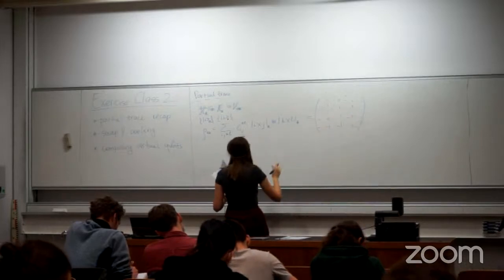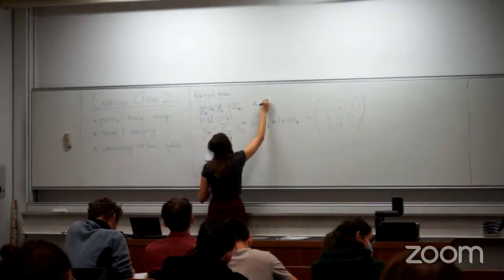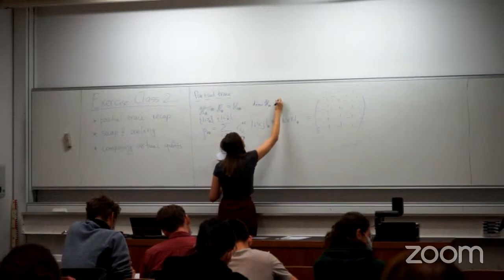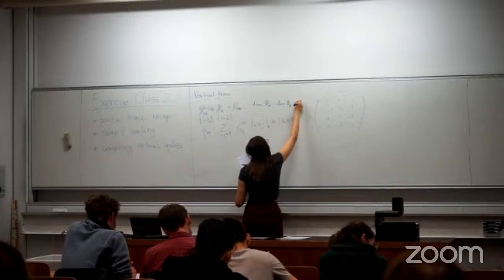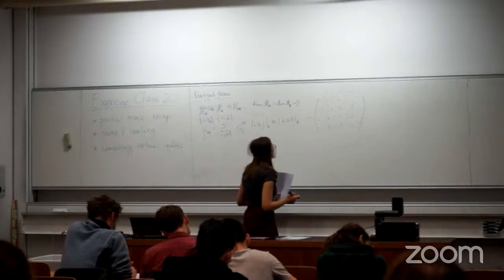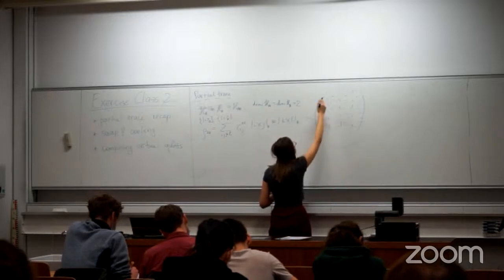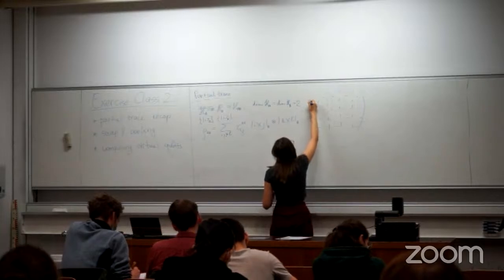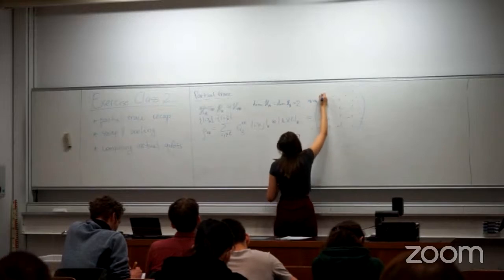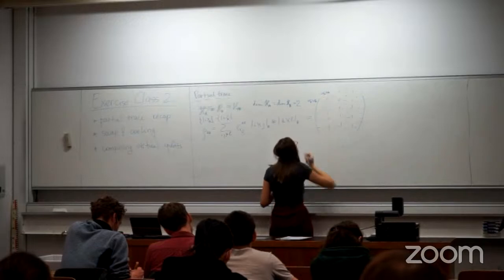Here I'll look at the case where the dimensions of these two systems are both 2. For example, in this slot there will be the state which corresponds to |0_A 0_B⟩, and here the bra ⟨0_A 0_B|.